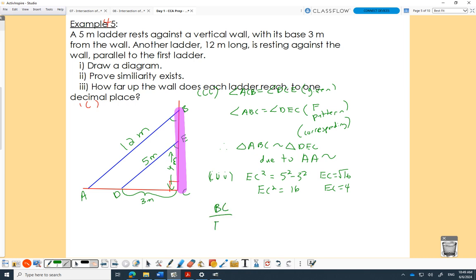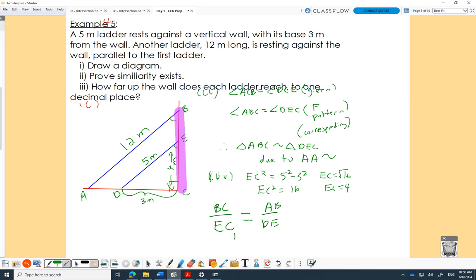BC over EC equals what? AB over DE. Do I have enough space here? I don't know. Let's see. It's going to be close. I'm going to go sideways. No, I'll go right down here.